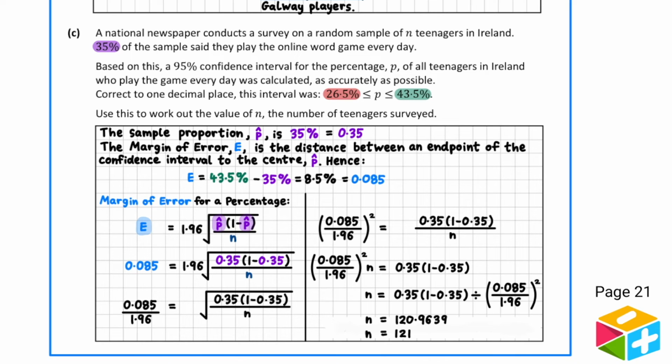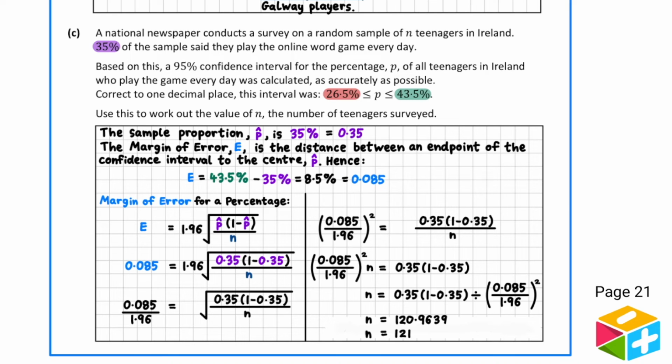Now that we found the values of P hat and E, let's put them into our formula. We want to solve for N here. In other words, we'll want to isolate the N all by itself on one side of the equation. A good place to start would be to strip away some of the layers of this expression on the right-hand side.